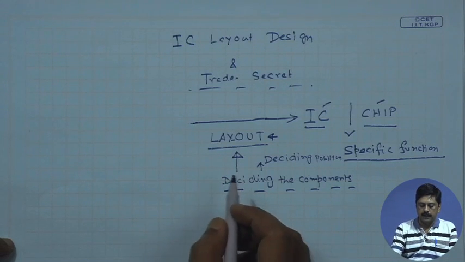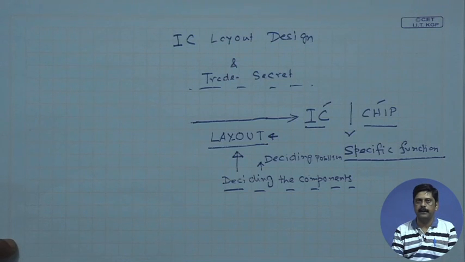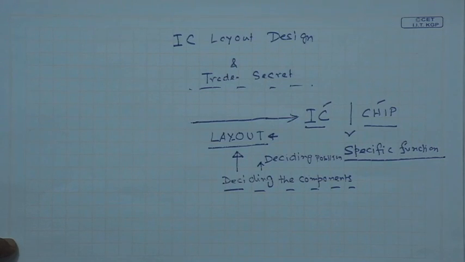So there lies the role of layout in chip or IC fabrication, just like a plan or layout for the construction of a building. So definitely it is an intellectual contribution, a creation of minds, and it justifies intellectual property because it has utility, it has value, and it involves fruit of labor. So ultimately you are thinking it is a form of intellectual property.